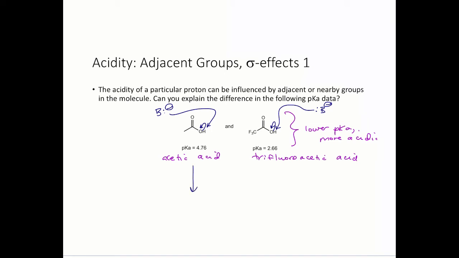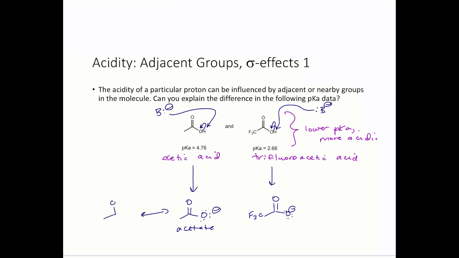So if we draw acetic acid, we draw its conjugate base, it's acetate. The conjugate base of trifluoroacetic acid is trifluoroacetate. I have no idea if that's how you actually name it, but we're going to leave it blank. But we have these two conjugate bases, and they're really similar, right?